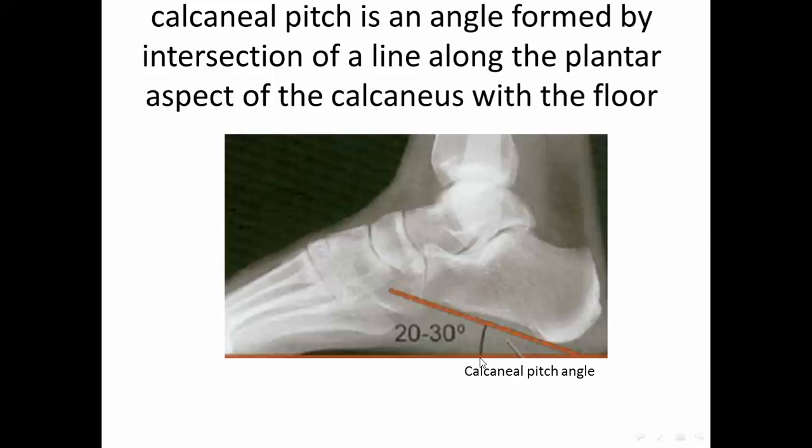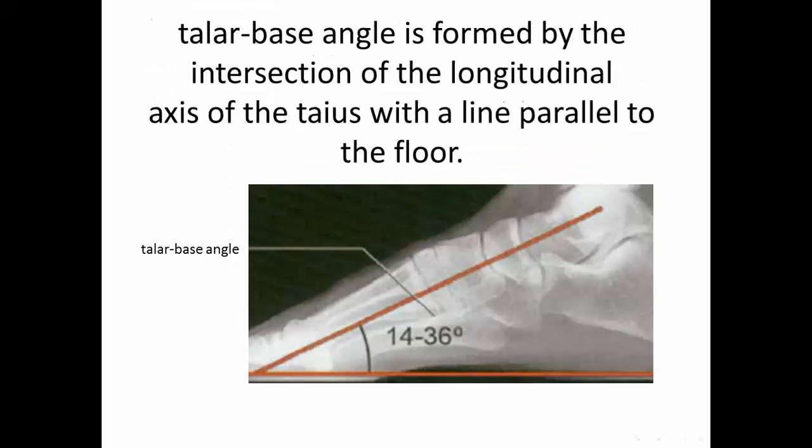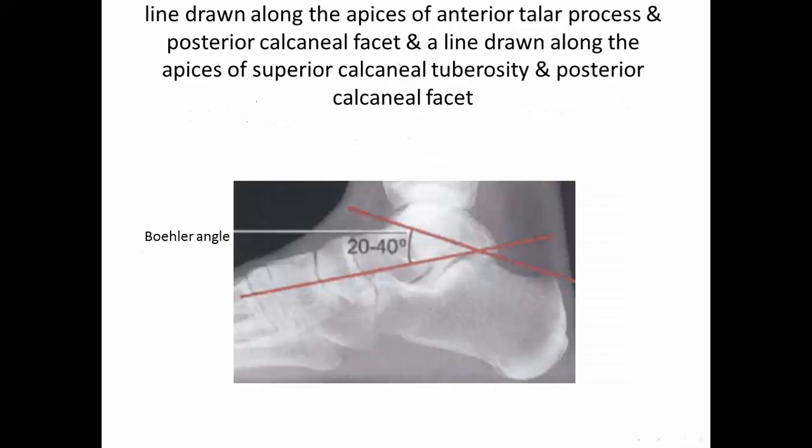Less than that is considered abnormal, as in flat foot. This one is 14 to 36. This is starting or going along the longitudinal axis of the calcaneum, of the talus, and intersecting with the floor. It should be 14 to 36.